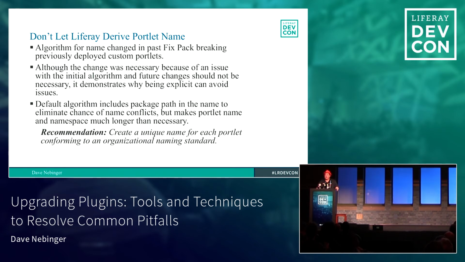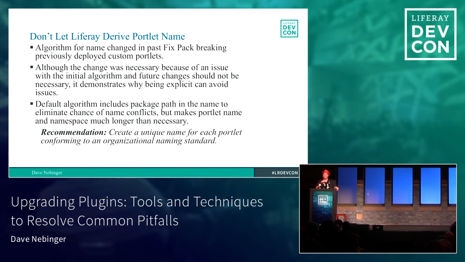Don't let Liferay derive your portlet name. In your portlet, in the component annotation for properties, the javax.portlet.name property is optional. If you provide it, it will use it. If you do not provide it, Liferay will happily generate one for you based on an algorithm that they have created. The problem is they might change that algorithm. And that actually happened to me.